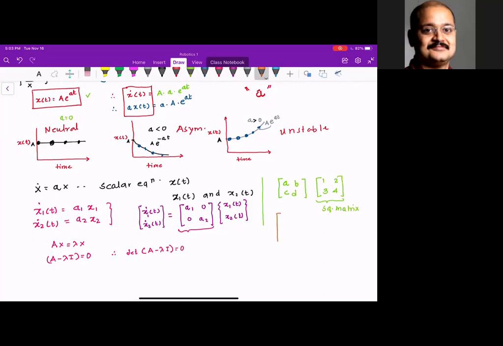You can have a rectangular matrix, 1, 2, 3, 4, 5, 6. You can only find eigenvalues and eigenvectors for a square matrix.